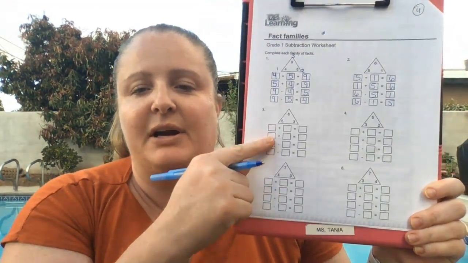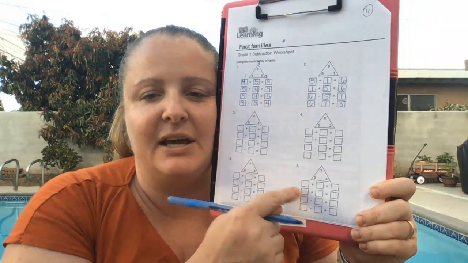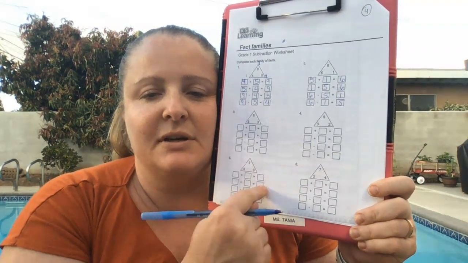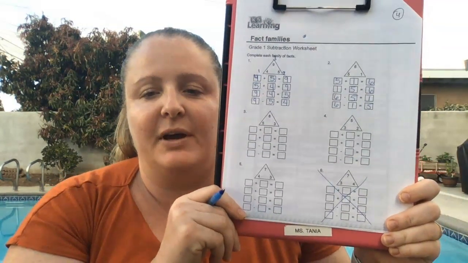Just like that. So you'll get to have plenty of practice in these numbers here. And if you notice, these two have the same numbers. You can just do one of them. So I'm going to just cross number 6 out for you. Sound good? Cool. Let's move on.